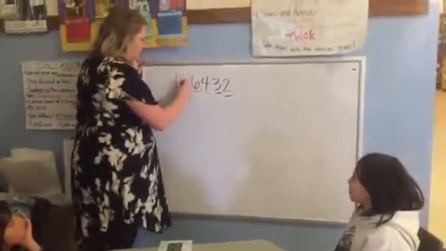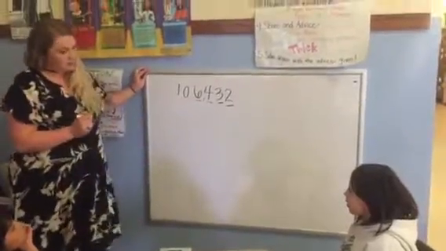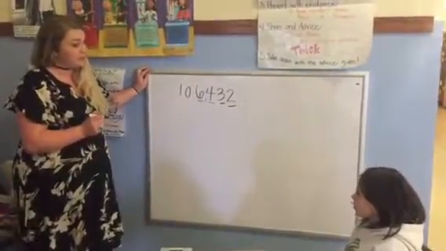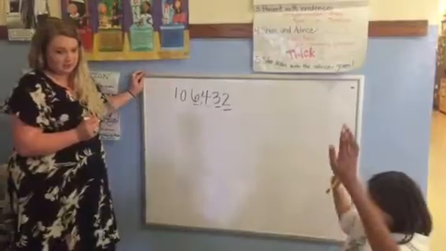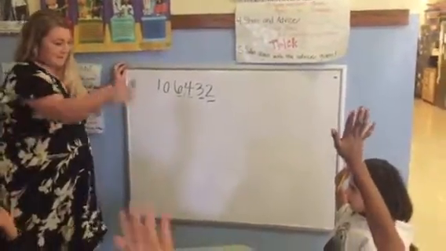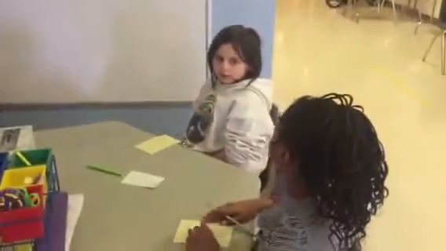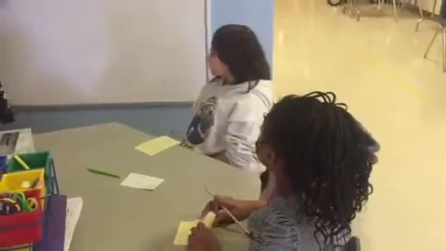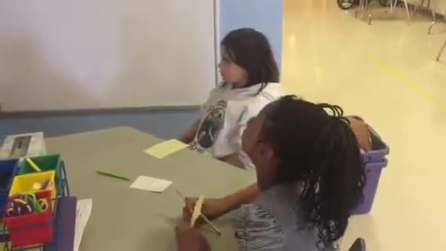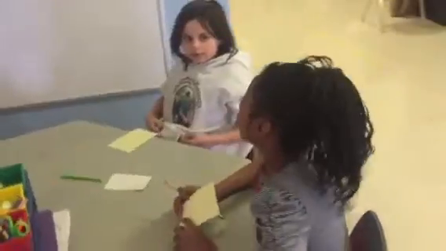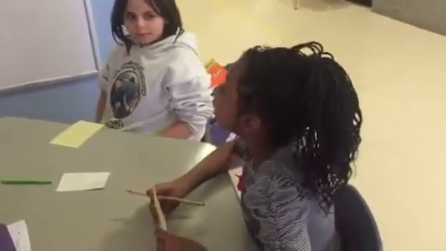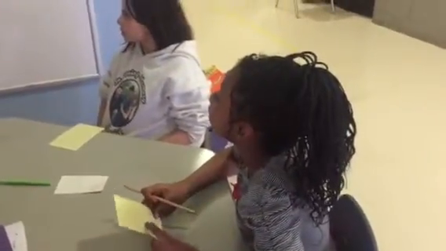The 3, the tens. Now what if I added this to the number? Could somebody read this number to me? Nene. Think about where your commas are. Listen first. 1 million. Okay, let's think about our places.